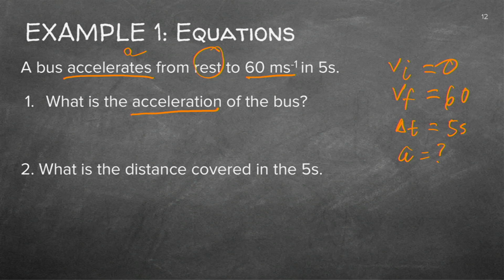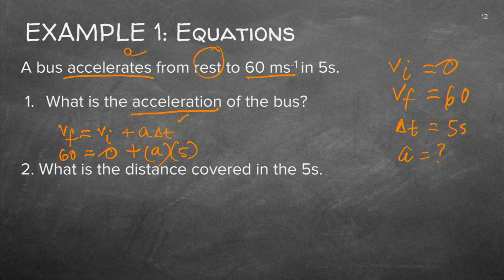So the one I'll choose, because I do not have delta x, will be vf equals vi plus a delta t. Do I have values? Yes. So this will be your first mark when you write an exam or a test. Your final is 60. Your initial was 0. You accelerated with a value that you've got to calculate, and the time is 5.